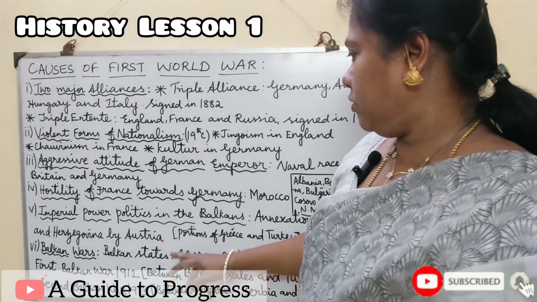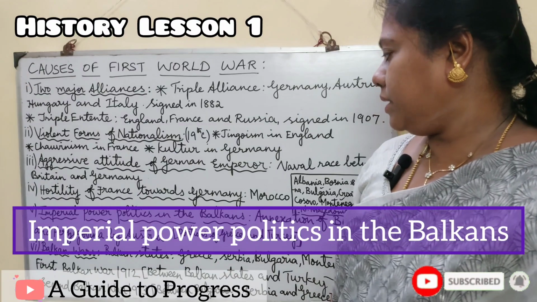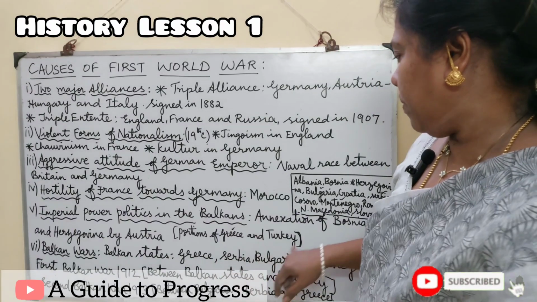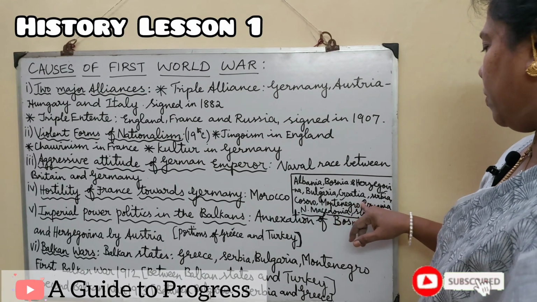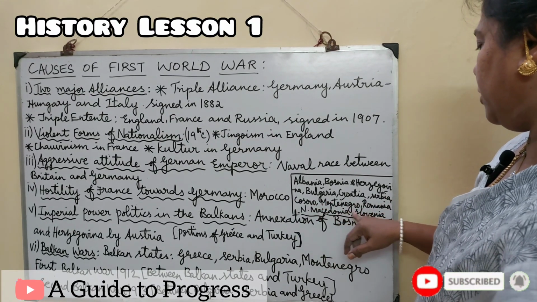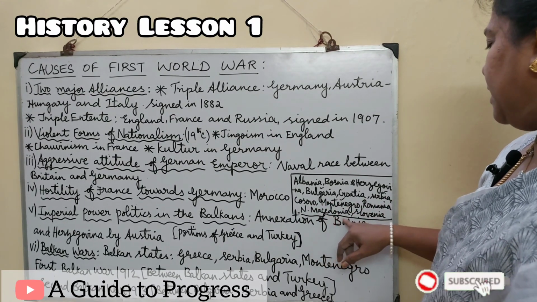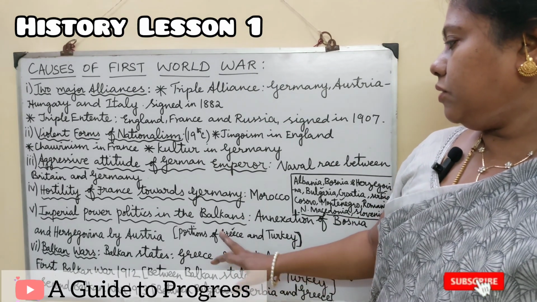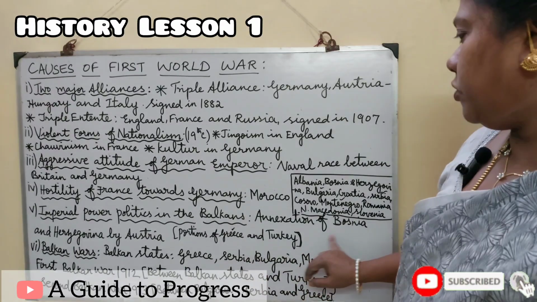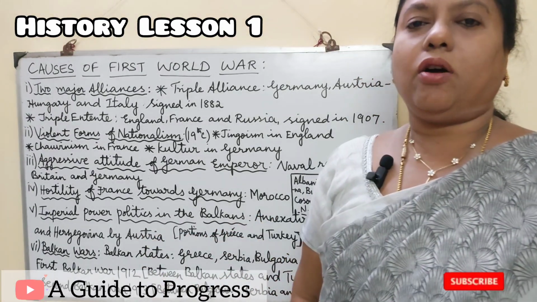Next, we move on to the imperial power politics in the Balkans. What is the Balkan area? Albania, Bosnia, Herzegovina, Bulgaria, Croatia, Serbia, Kosovo, Montenegro, Romania, North Macedonia, Slovenia, and portions of Greece and Turkey. In the Balkans, Bosnia and Herzegovina was annexed by Austria.